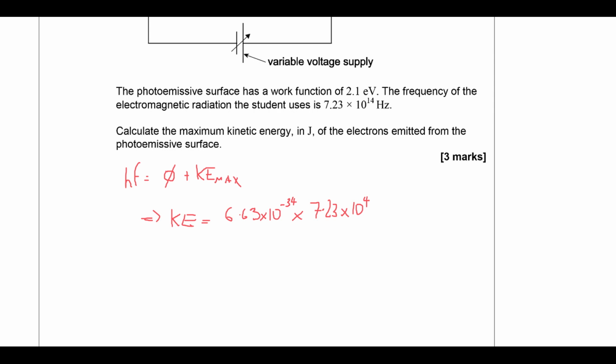And we're going to subtract from that the energy in joules. Let's do that now: 6.63 times 10 to the minus 34, and 7.23 times 10 to the 14, minus 2.1 times 1.6 times 10 to the minus 19. And you get an answer of 1.433, and so on. So 1.4 times 10 to the minus 19 joules, to two significant figures, which would be appropriate there.